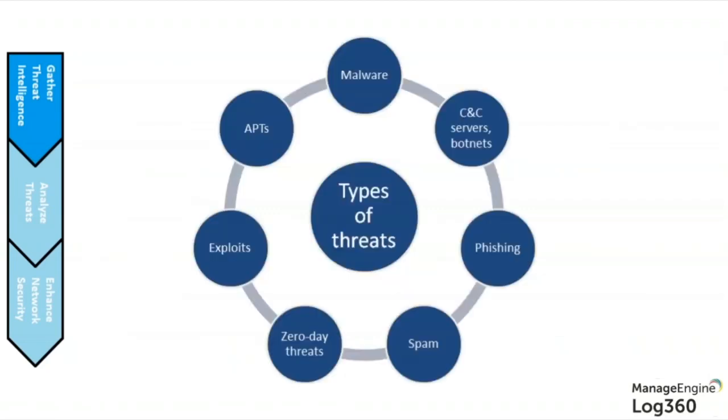So, just to illustrate my point on why external threat intelligence is so necessary, let's take a quick look at the types of threats that threat intelligence covers. Okay, so let's say you start with malware. Okay, you have information about various types of malware out there, and let's take the most common and well known example of ransomware.